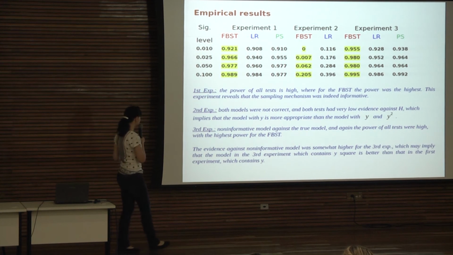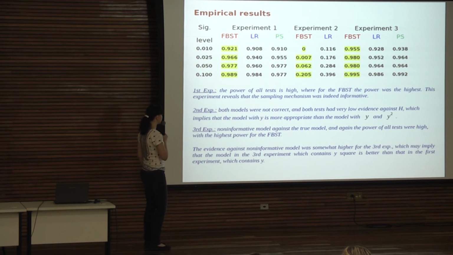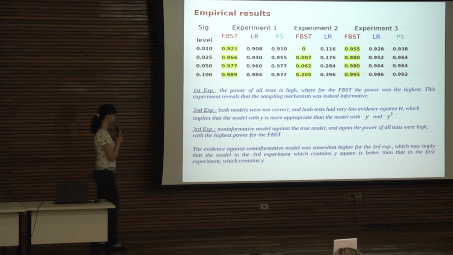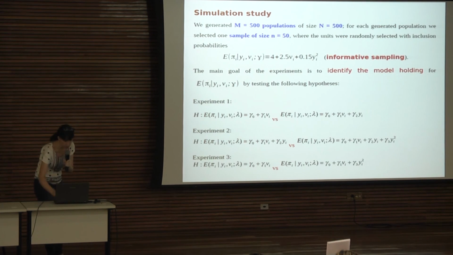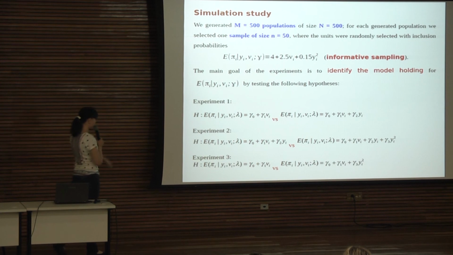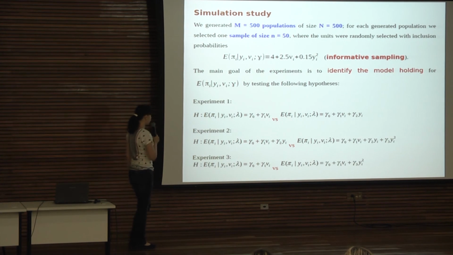In the second experiment, both models were not correct, and the tests presented here had very low evidence against the hypothesis. Here, I would like to show one more time: in the second experiment, we tested both models that are informative, but none of them is true.